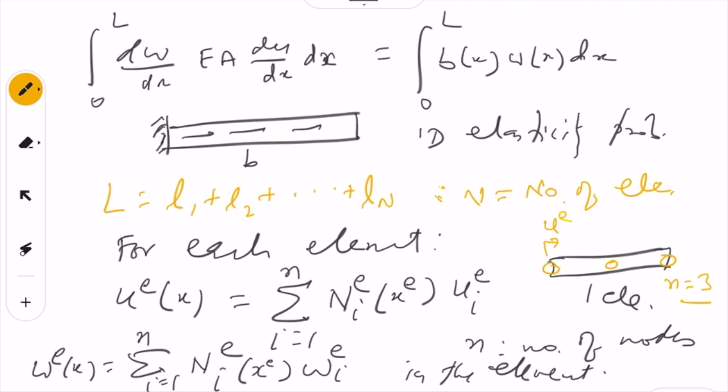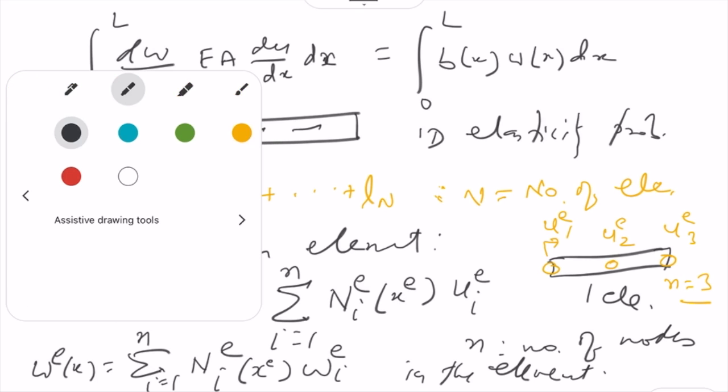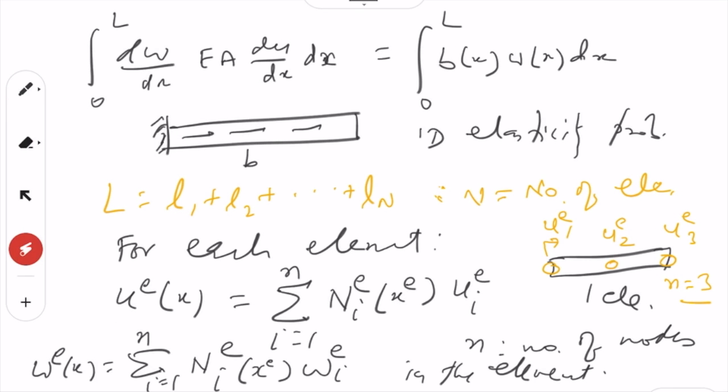So, this will be u_1^e, u_2^e, and u_3^e. Similarly, there will be corresponding values of the weight as well, which will be w_1^e, w_2^e and w_3^e. So, this is how we wrote it.